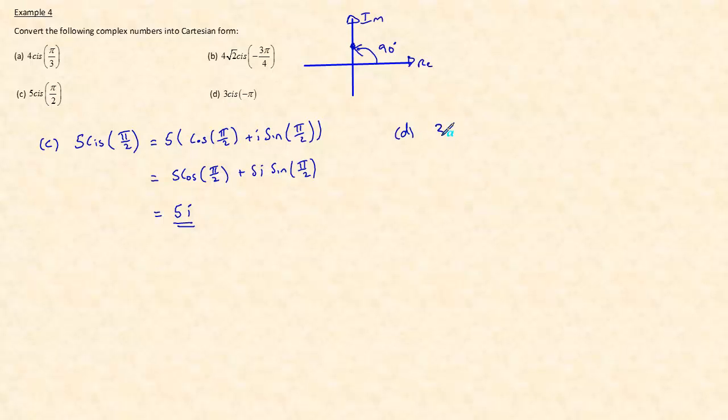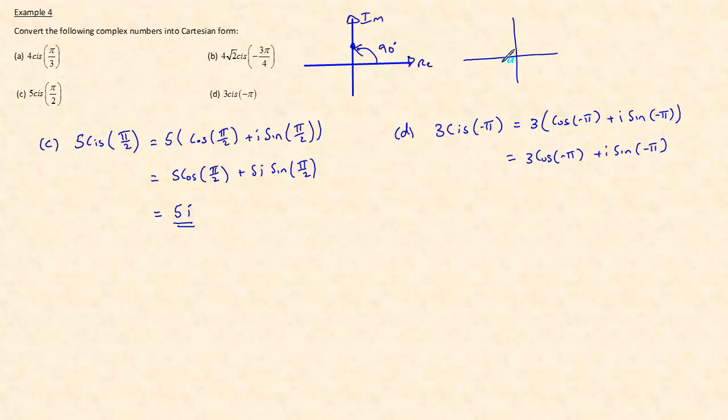And then we have 3 cis negative pi, which is 3 cos negative pi plus i sine negative pi. Now negative pi is here.